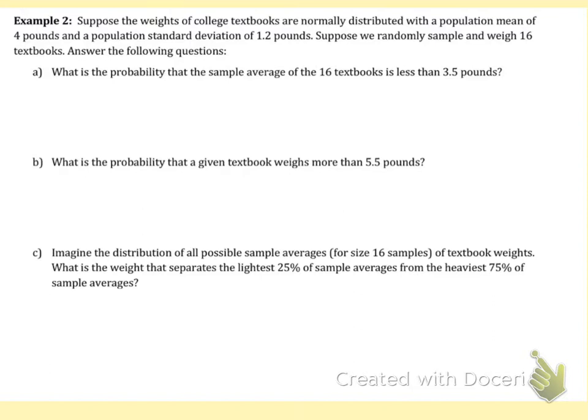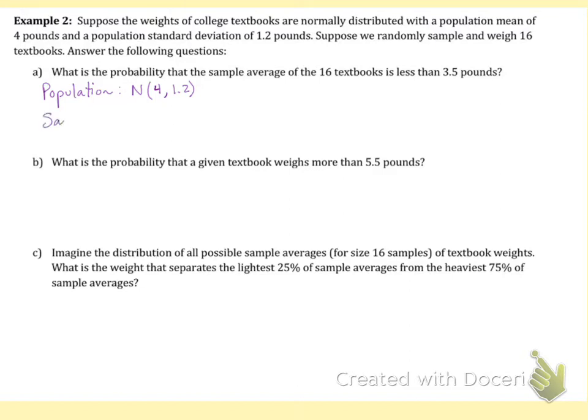So the population distribution: notice that it says that it's normally distributed and it has a mean of 4 and a standard deviation of 1.2. Now, because the population distribution is normally distributed, then for any sampling distribution of any sample size, that distribution will also be normally distributed.